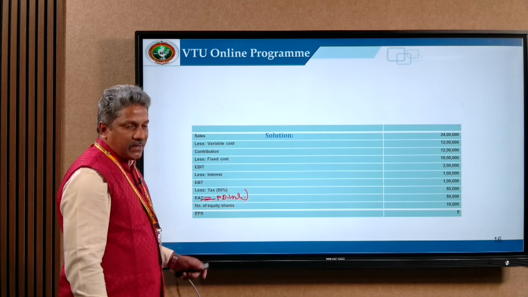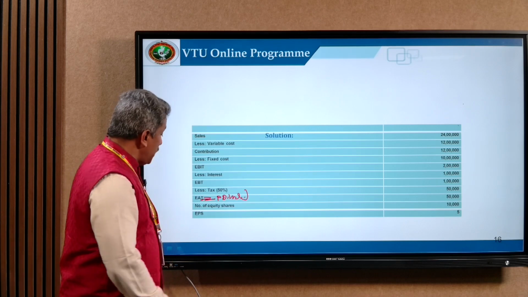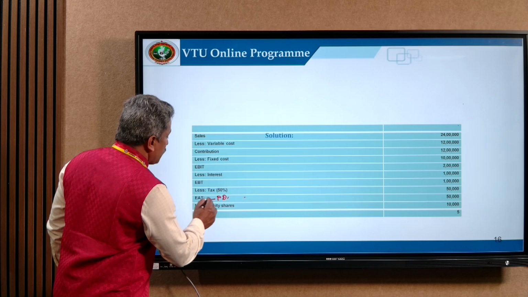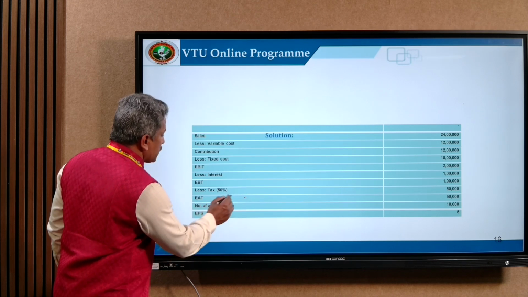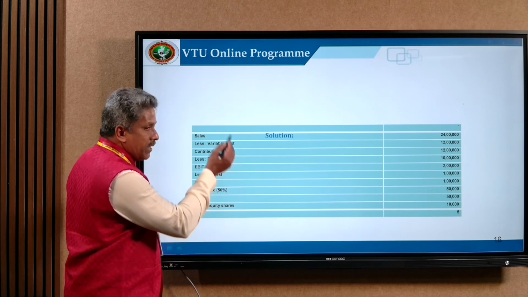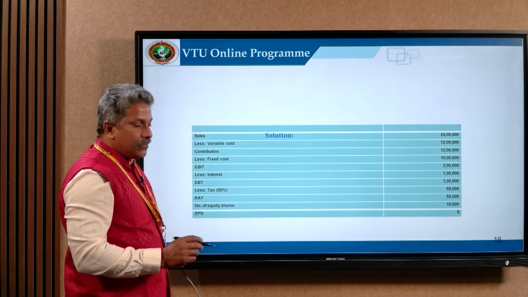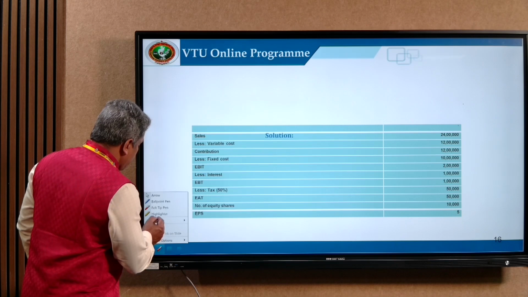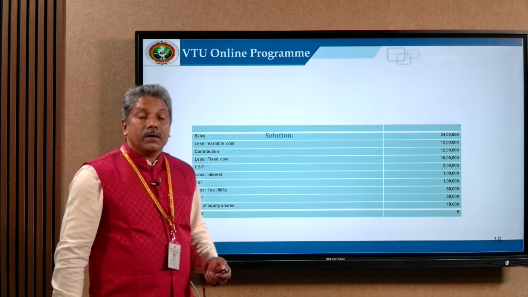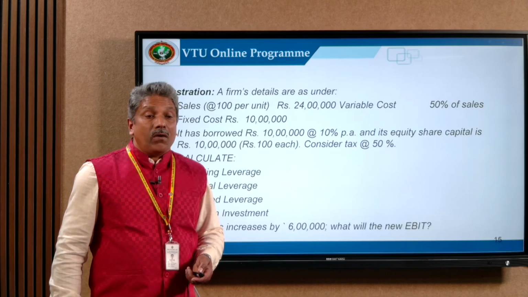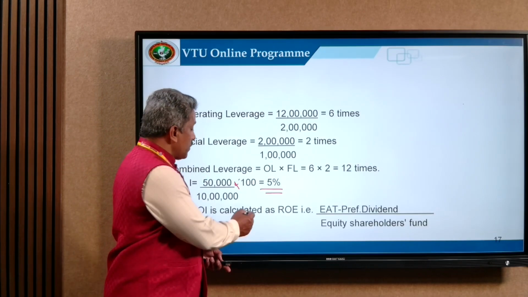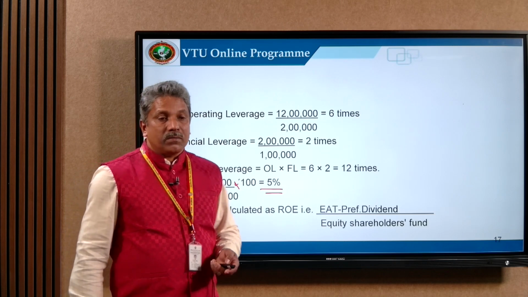But here in this case it is not mentioned. That is the reason why earnings after tax is taken straight away and divided by shareholders' funds, and we get the return on investment. So that is what we calculated.